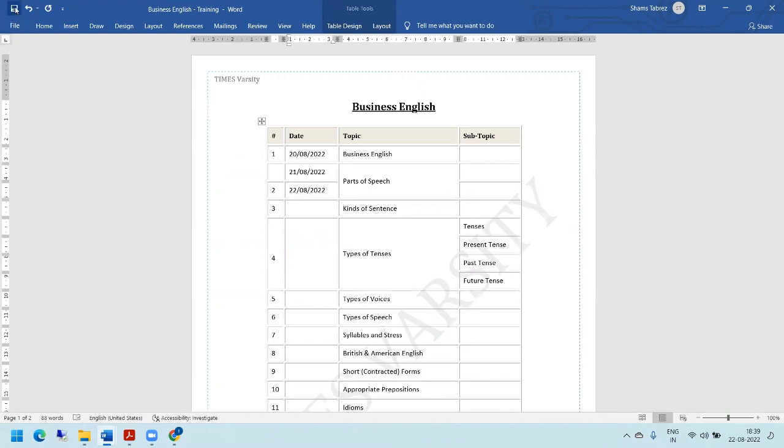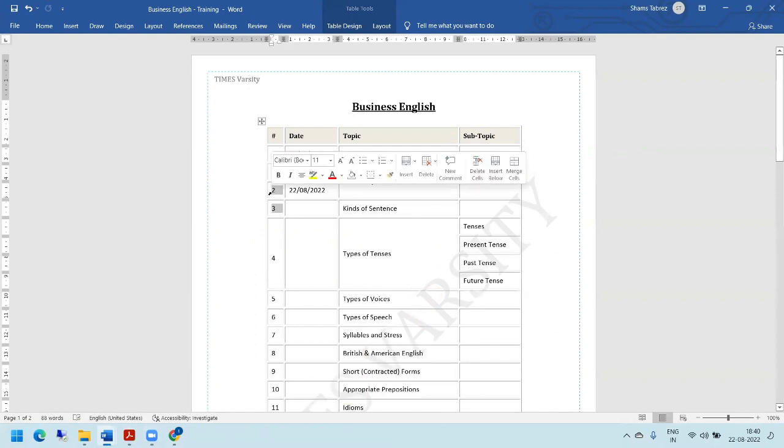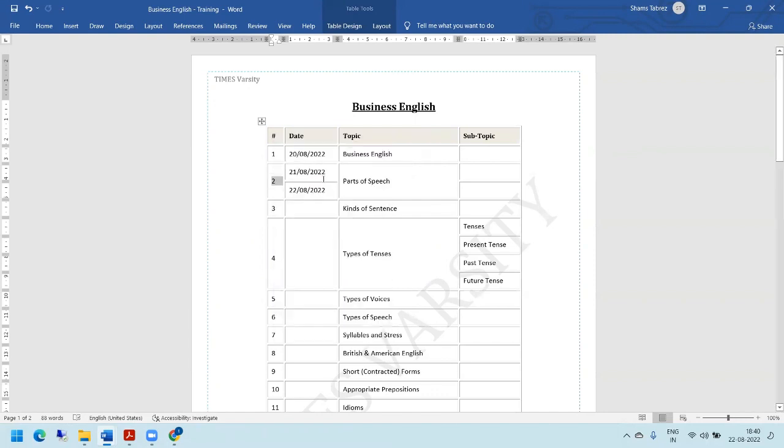This is how we will keep track of it, because today you will receive video recordings along with the books. Whenever in future you refer to the video recordings, you will get the idea of which session, on which date, which topic was covered. You can see the topic was discussed 2 days ago.